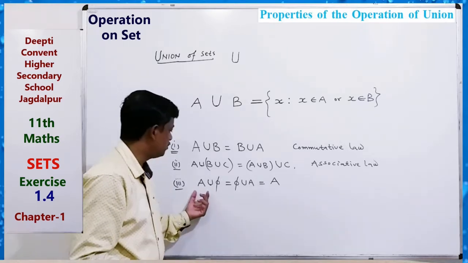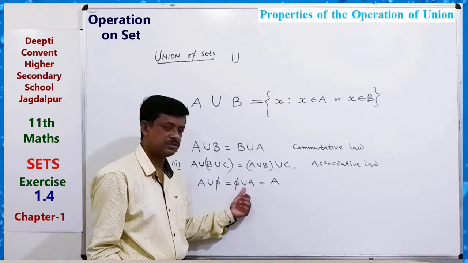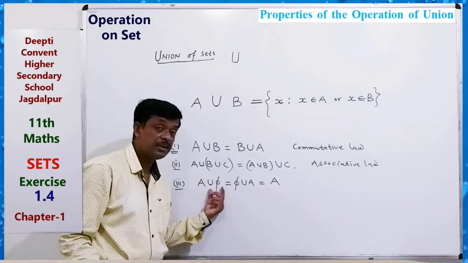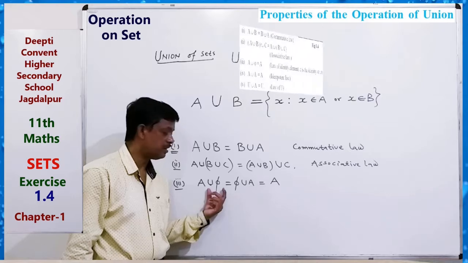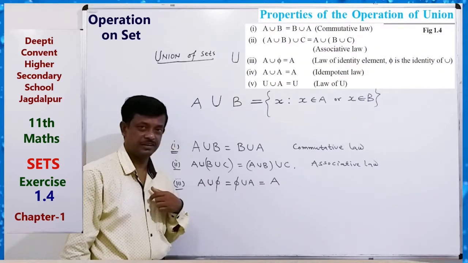So we get A. Similarly, we get A the other way. So phi is the identity element for the operation union.